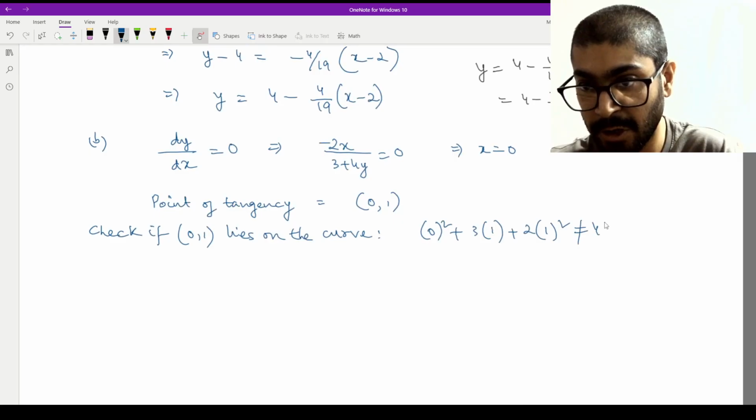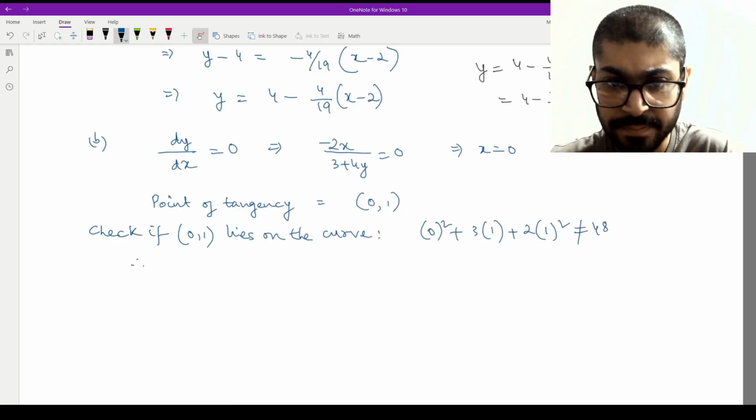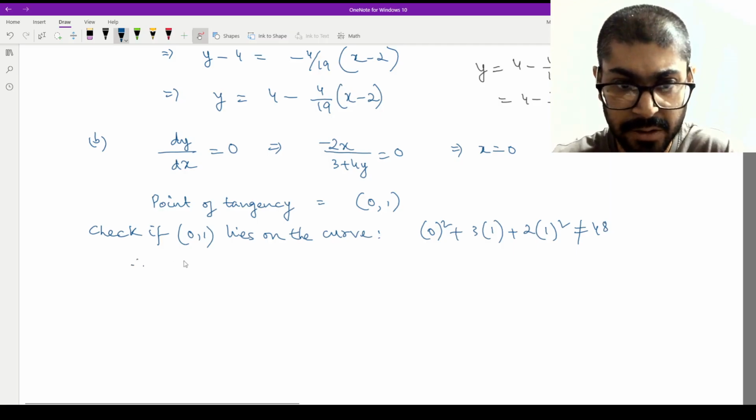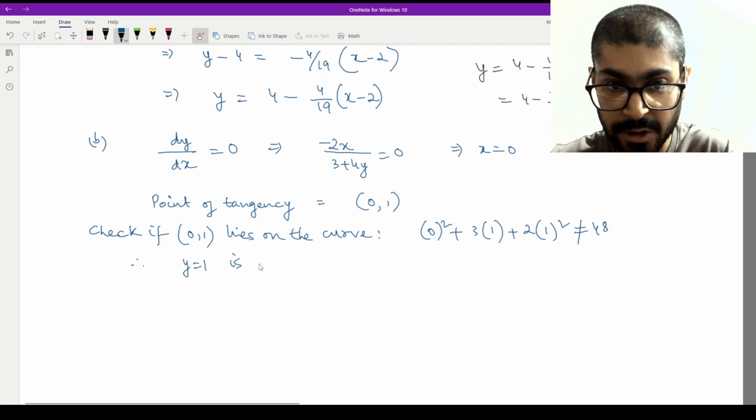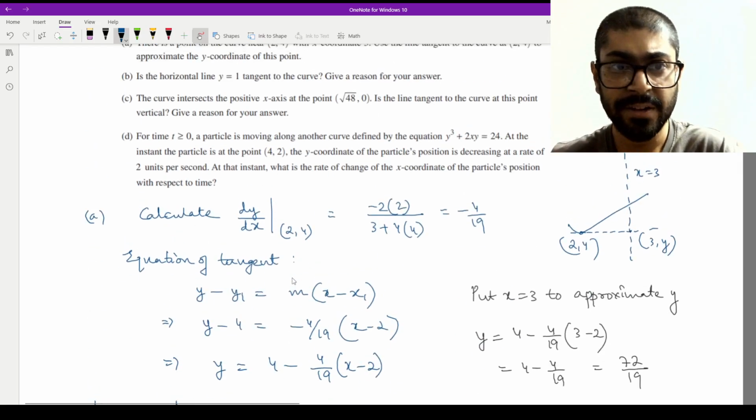This is not equal to 48. Therefore, we can conclude y equal to 1 is not a horizontal tangent. I hope it's clear.